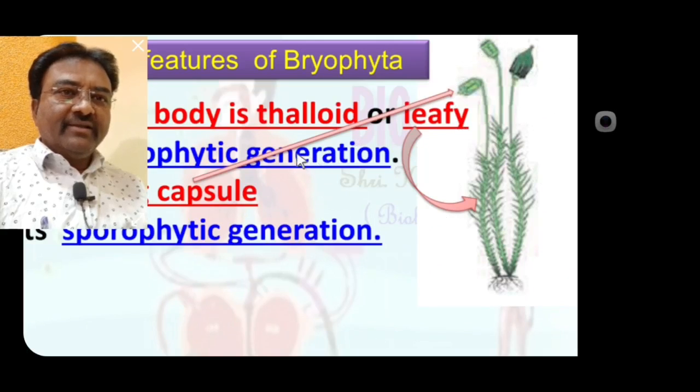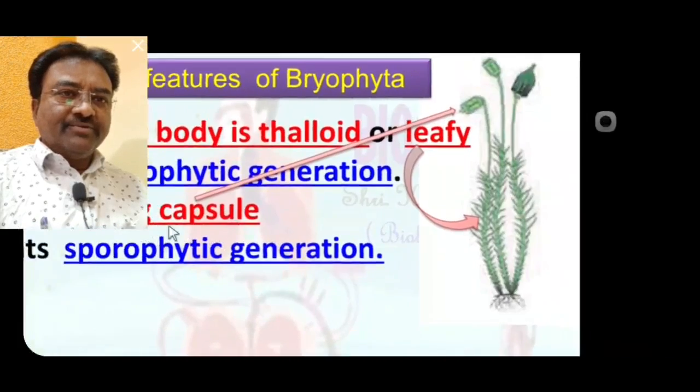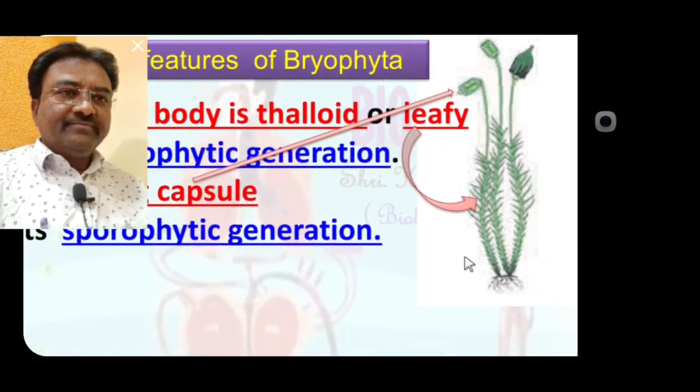Always remember, the gametophyte is thalloid or leafy, while the sporophyte is a capsule producing spores. Here the capsule producing spores is the reproductive structure of Bryophyta. This is the gametophyte and this one is the sporophyte. Always remember.